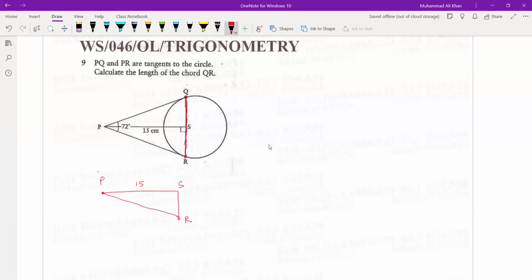Yes or no? And what is half of 72? 36. Are we able to calculate the length SR? Yes. By which ratio? Opposite, adjacent. By the ratio of tan. So tan 36 equals opposite SR over adjacent 15.